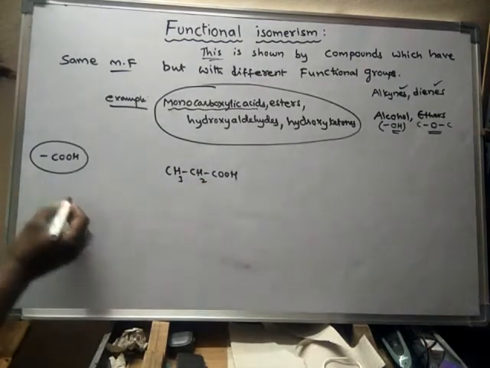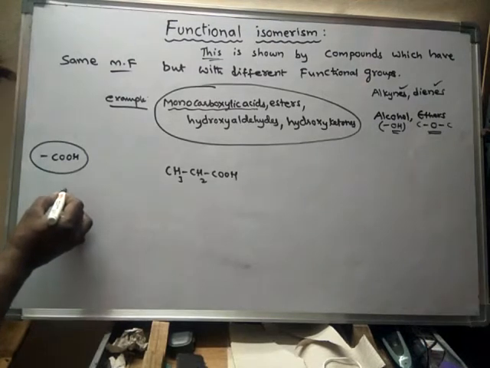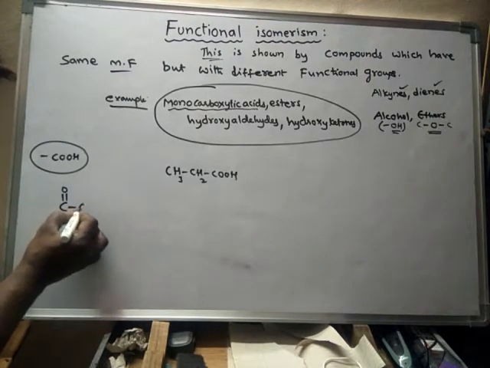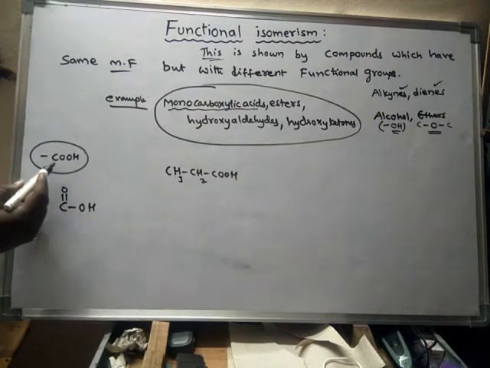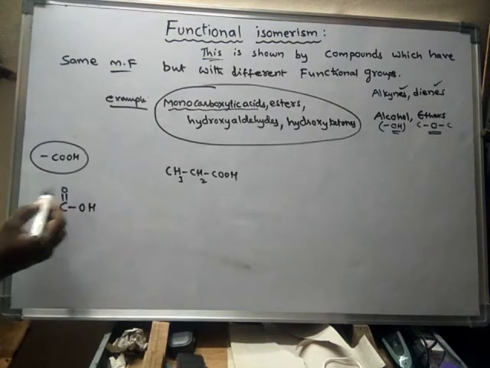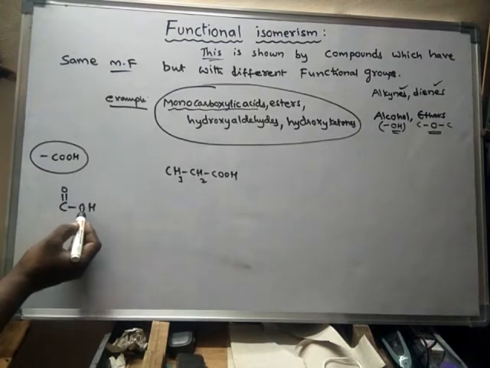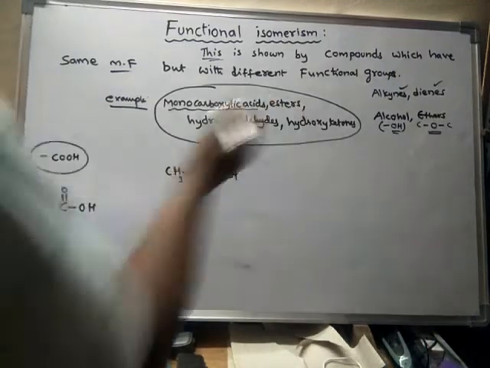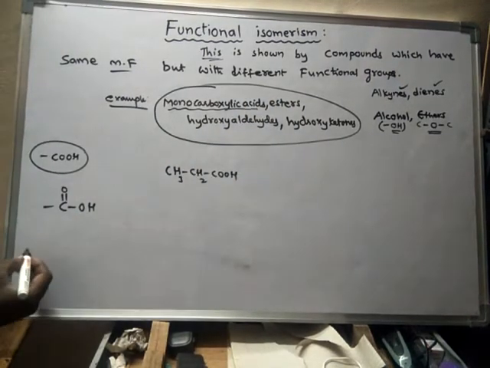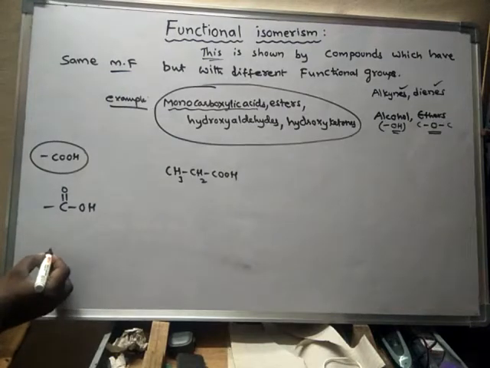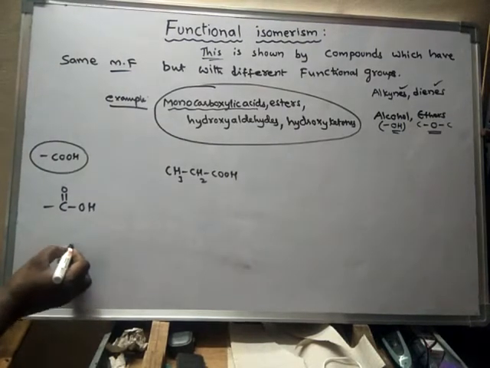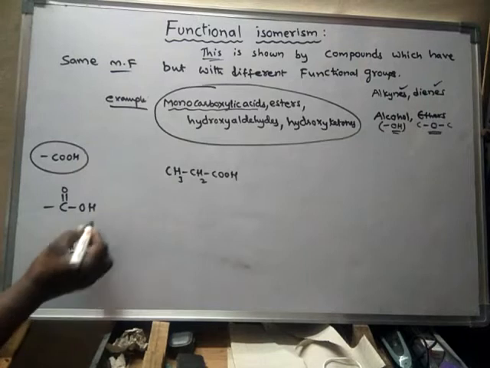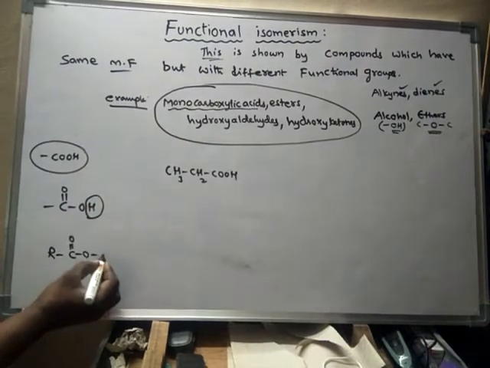So acid means it will have this structure, COOH, C double bond O, OH. This is the functional group for carboxylic acids. Esters. For esters it will be like this: R, CO, O, R. Instead of hydrogen, R is present.